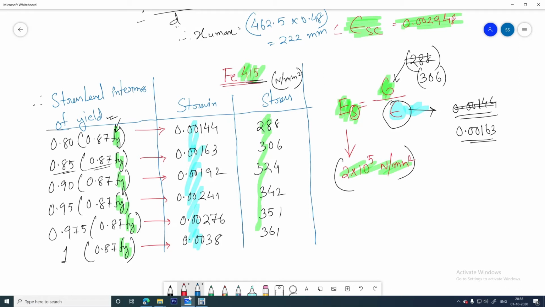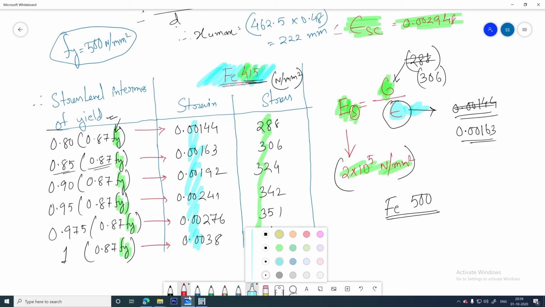so whatever stress and strain values you got are very important. You remember this is for the Fe415. Whatever you got is for the Fe415 grade of steel. Now if you need to determine for Fe500, just simply change the Fy value to 500 Newton per millimeter square, and put this Fy 500 value in these places.